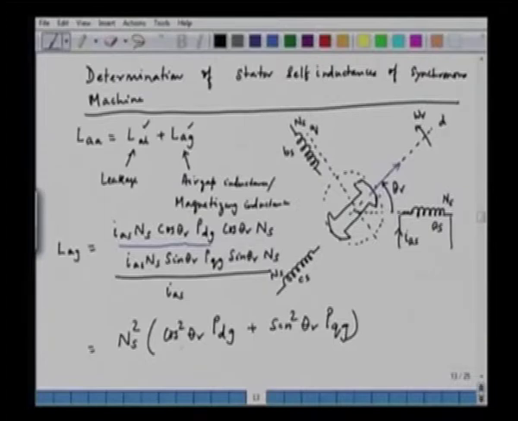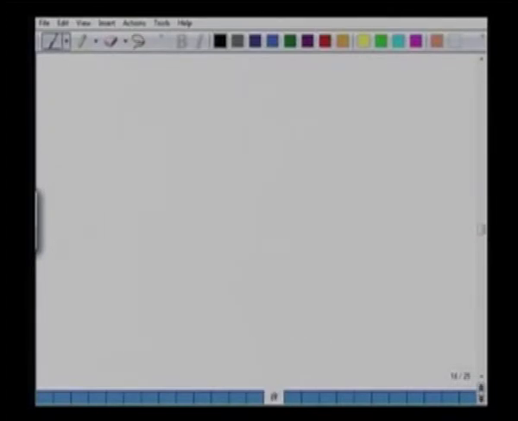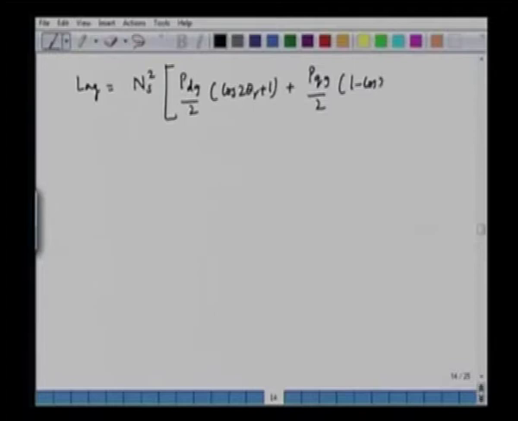We can convert this into cos 2 theta r, and then we can simplify like this. LAG equal to Ns square into P dg by 2 cos 2 theta r plus 1 plus P qg by 2 1 minus cos 2 theta r, and that we can simplify again.